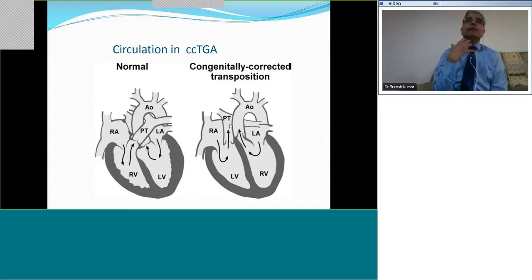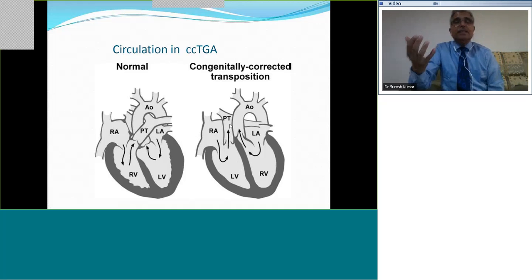Since it's a great vessel coming from a morphologically inappropriate ventricle, it is transposition. The great vessel, in this case the pulmonary artery, is arising from a morphologically wrong ventricle.